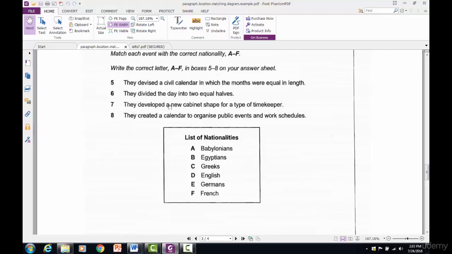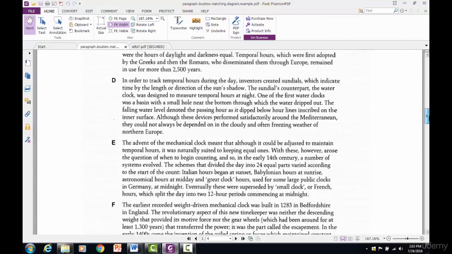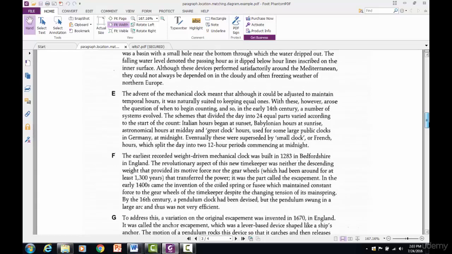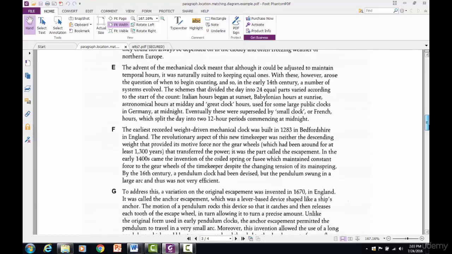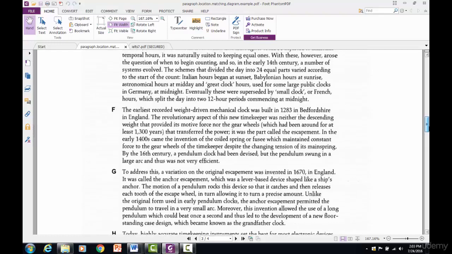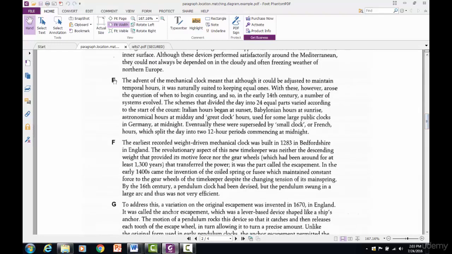I'm down to the Germans and the French. All right, and I saw Germany as I was scanning through it. Oh, here it is. Paragraph E. There's Germany. There's French.